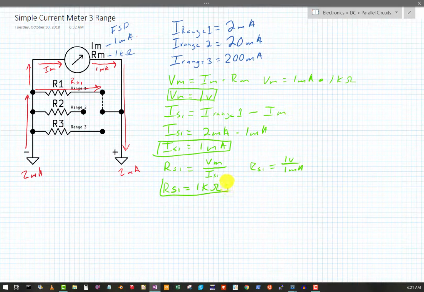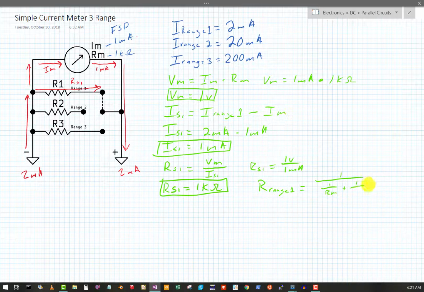So there's RS1. Excellent. Now we do have also that range resistance. You could think of range resistance as your total resistance. R of range 1 equals, we'll just do the parallel formula just to show it.